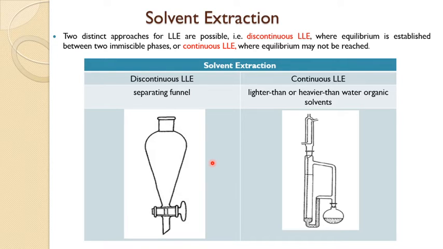It is very simple, the use of the separating funnel, in which in the half portion we add one phase, which may be the aqueous phase, and then we add the organic phase.